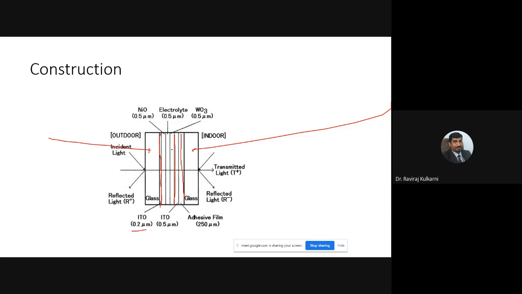Right next to that is one more layer, the nickel oxide layer, at 0.5 micrometer, and on this side it is the tungsten oxide, WO3 layer. In between, the electrolyte is there, tantalum oxide or something, a 5.5 micrometer film. This is the outdoor side and this is the indoor side. This is the construction. You have to draw this diagram.